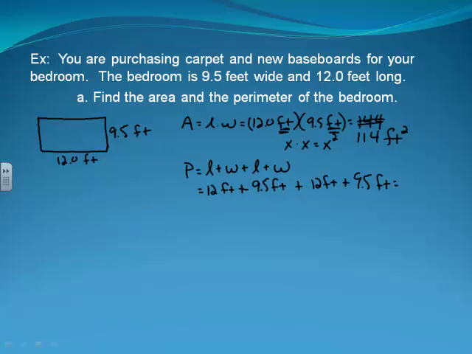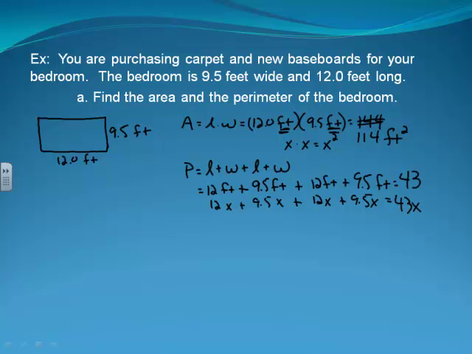If you take 12 plus 9.5 plus 12 plus 9.5, I believe you get 43. And again, thinking about the foot units as variables, if you were adding something that was, say, 12x plus 9.5x plus 12x plus 9.5x, you'd think about that as like terms, and you'd say, well, that's 43 x's.